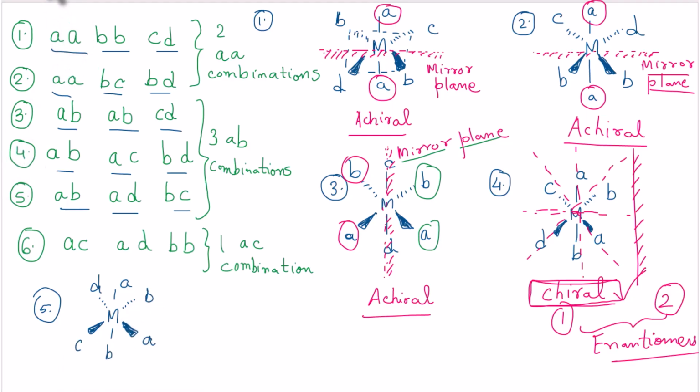Now again, try to cut this structure through various planes. This is the vertical plane. Do we get equal structures? No, not equal. Then we try to cut this molecule through the horizontal plane. Do we get equal structures? No. We have CA at the bottom, BD at the top, and then we have A and B, two different ligands.